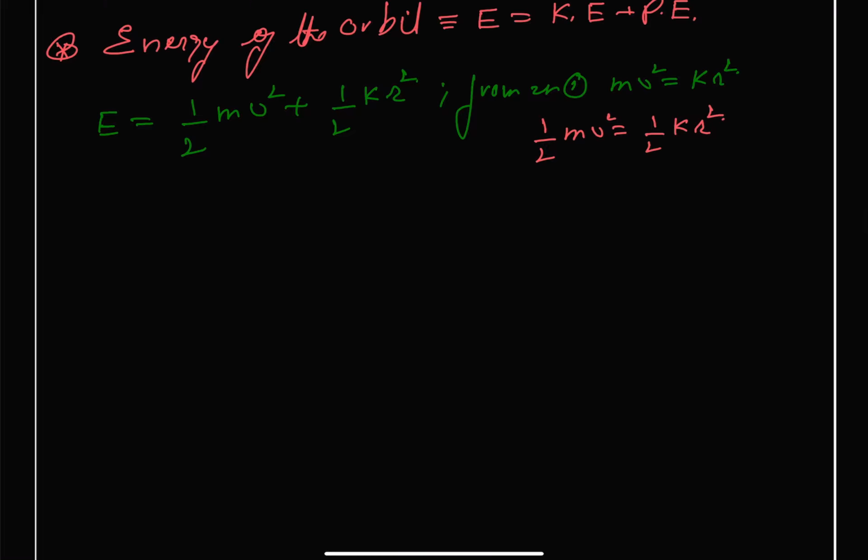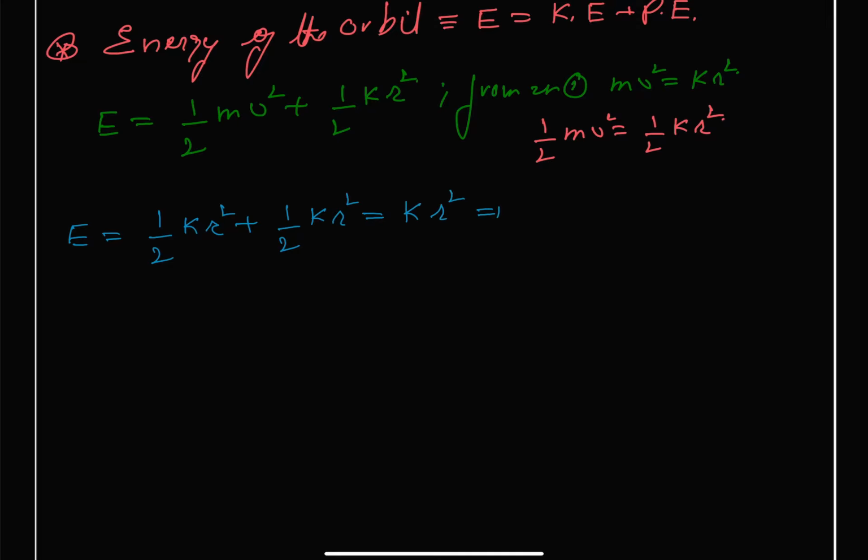So we substitute it, and we get energy E is equal to half kr square plus half kr square. This will be giving us kr square.